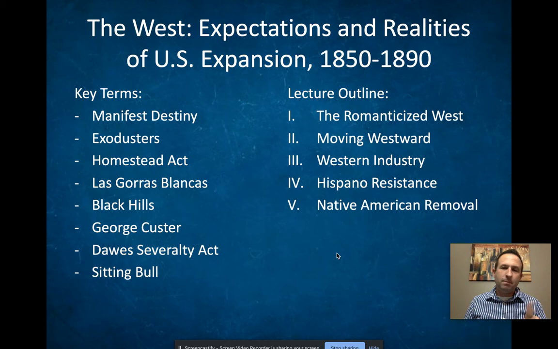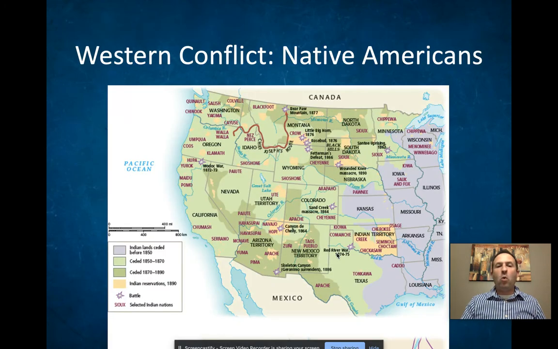Remember them? And of course, part of the groups that live there had been pushed there by Americans in past issues, such as the Trail of Tears and the Removal Act in the 1830s. Remember, they've all been pushed out west. And so post-Civil War, we begin to see a lot of Native American conflict.